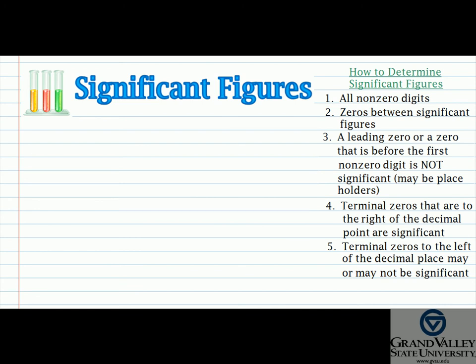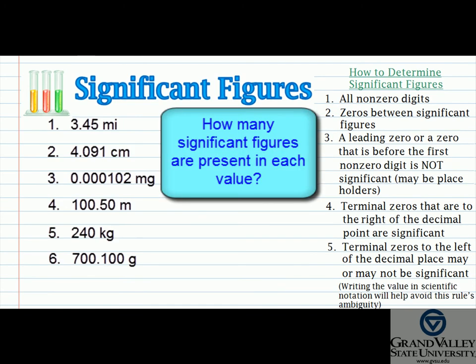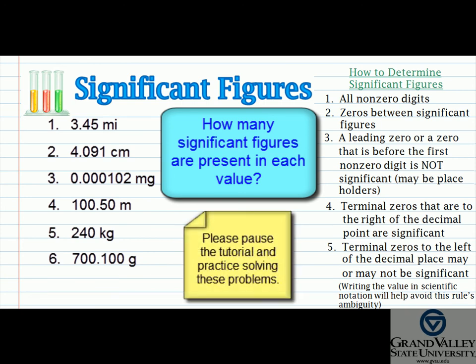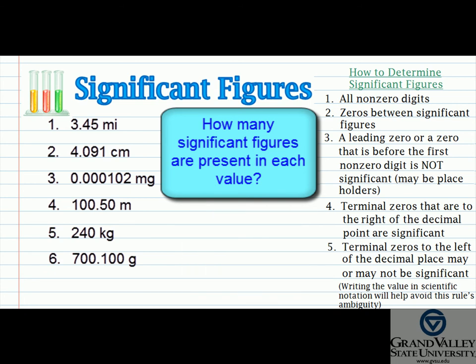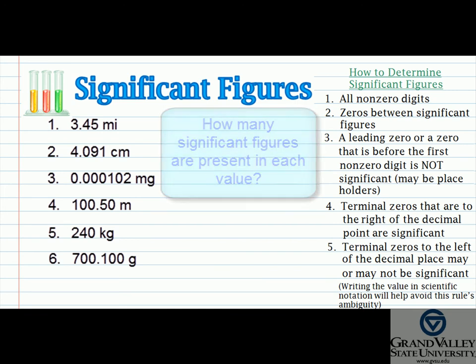Now that we have reviewed the rules for determining significant digits, let's work through a few practice examples. How many significant figures are in each value? To determine the number of significant figures, refer to the list of rules.